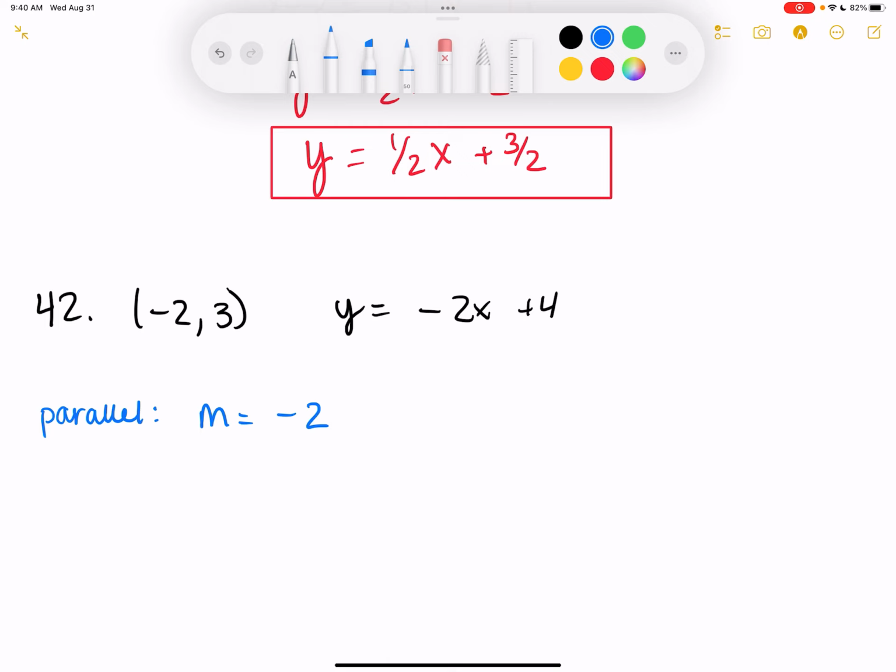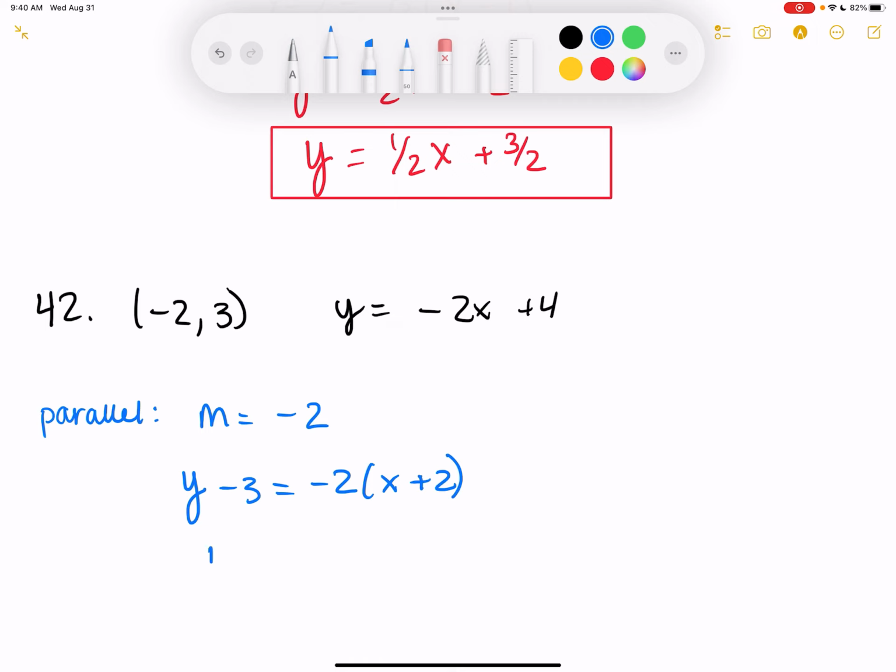I now have a point and a slope, so point slope form, using the same slope. y minus 3 equals negative 2 times x minus negative 2, so plus 2.